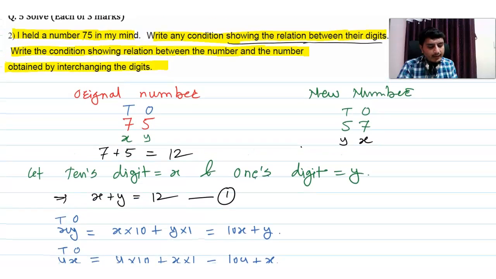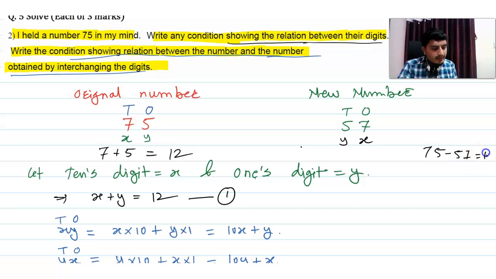Now we have to write the condition showing the relation between the number and the number obtained by interchanging the digits. Look at the original number 75, and after interchanging the digits we get the number 57. Now the difference between them is exactly 18.